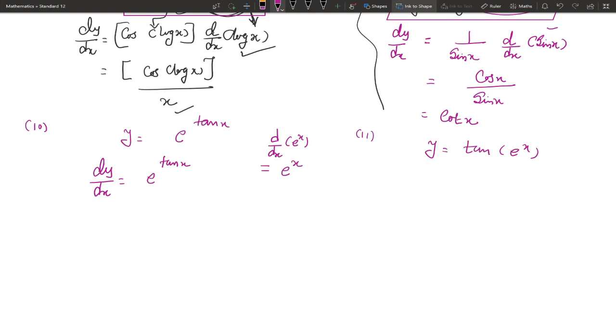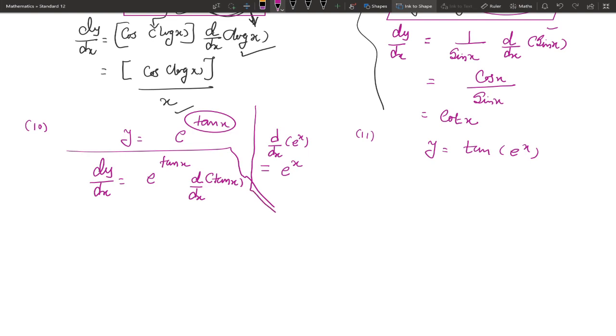But the power is not x, it is a function of x. So using chain rule, we have to differentiate, into d by dx of 10x. This is because of the chain rule.